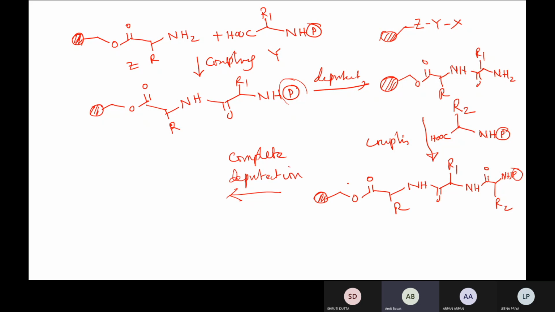That means you take this off from the resin and you also take the protecting group off, and that will give you the, so again remember, this is your Z, this is your Y, and this is your X. So you will get your Z, Y, X, but this has got free NH2 and this has got carboxy group.